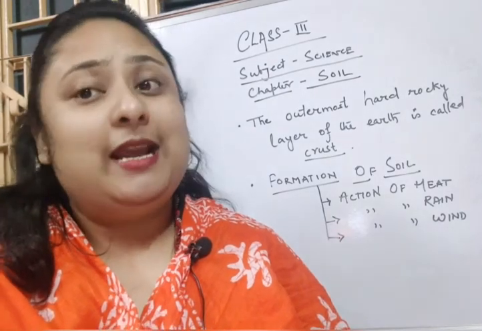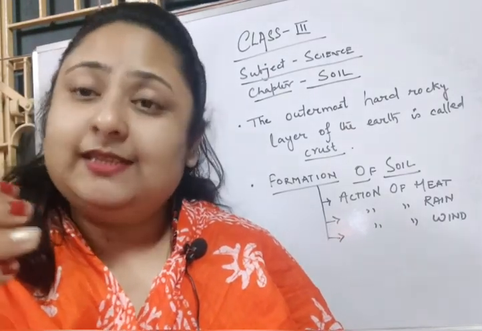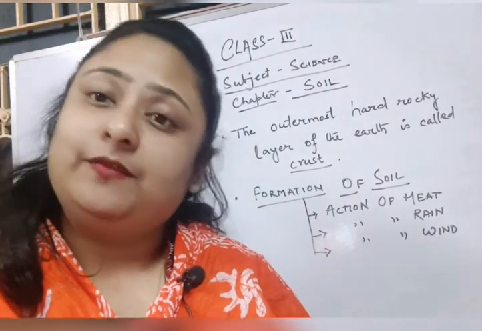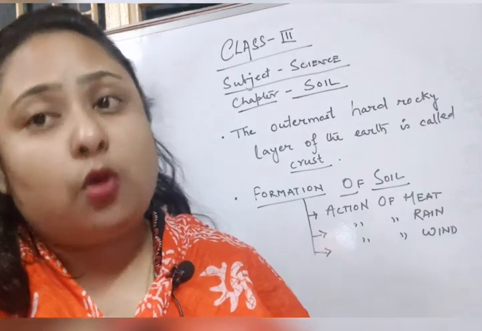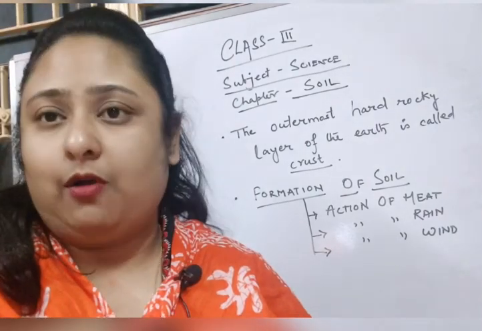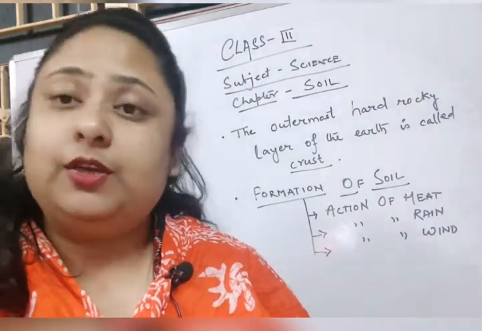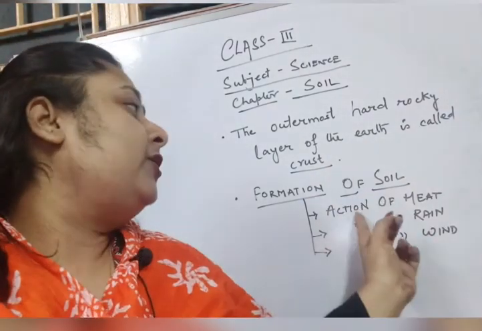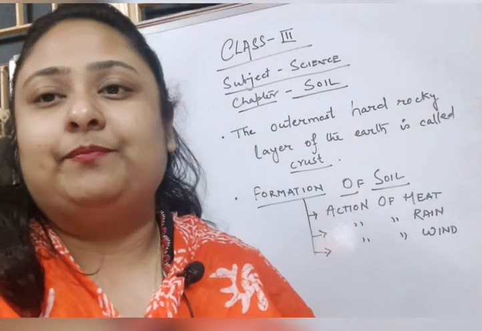Now, children, let's learn about these actions in detail. Children, the first cause of the weathering of the rock, or the breaking down of the huge rocks into smaller pieces, is the action of heat.